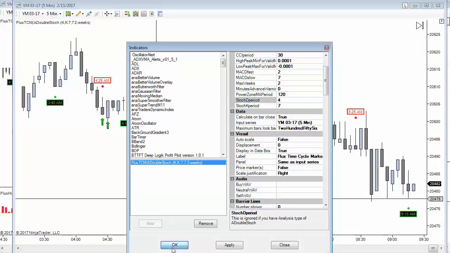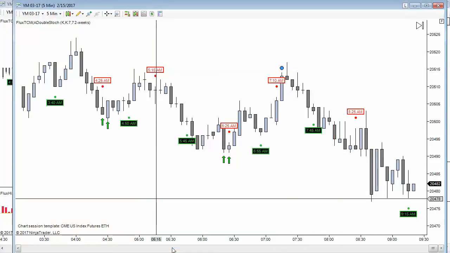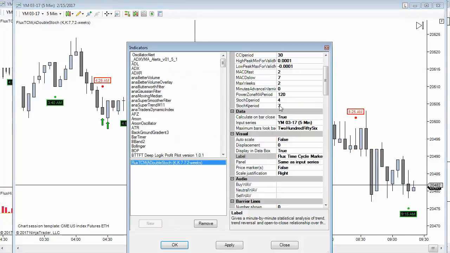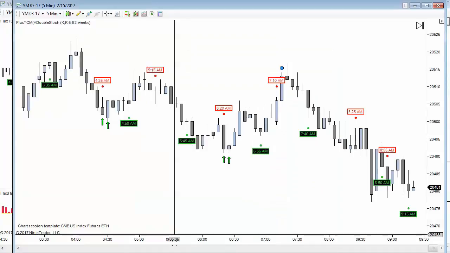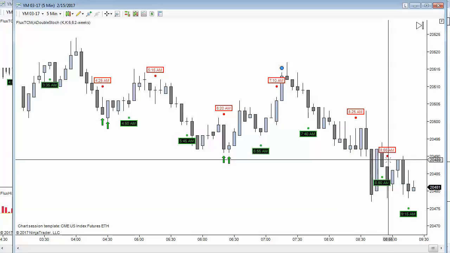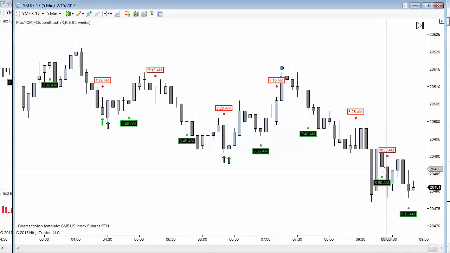So I'm going to take the indicator now, and I'm just going to start to whittle it down. Here's a 4.7. Didn't really change too much. I'm going to change it to a 4.6. I'm just shaving the edges. Okay, now when I changed it to a 4.6, I got this new signal here at 8:55. So it added two little signals in here, which on our chart would look like chop, right?